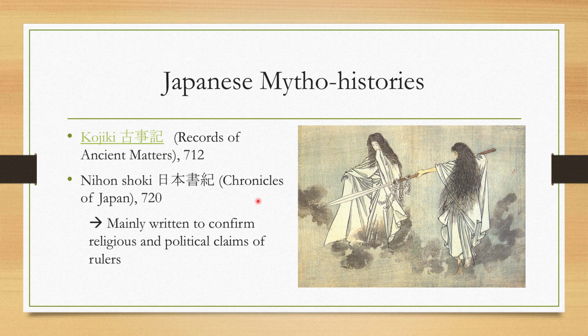These are some of the first writings then in Japan, and they're basically designed to confirm the religious and political claims of the rulers, to legitimize their origins by claiming that the political rulers, up until Empress Genmei herself, all descended from gods, from Amaterasu.